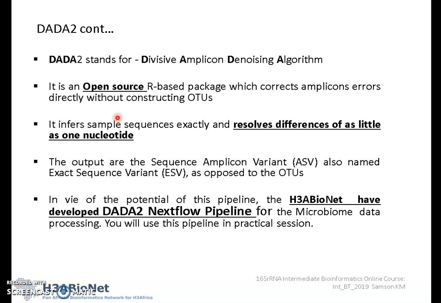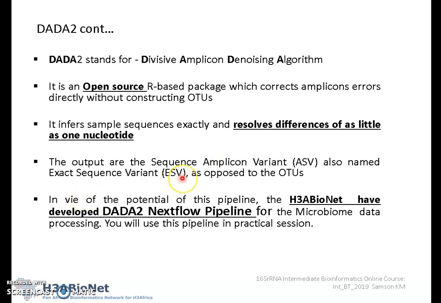It resolves to the individual nucleotide when you want to categorize them. So it infers sample sequences exactly and resolves differences of as little as one nucleotide. When you are comparing sequences, it goes to the level of comparing one nucleotide to another in different sequences.